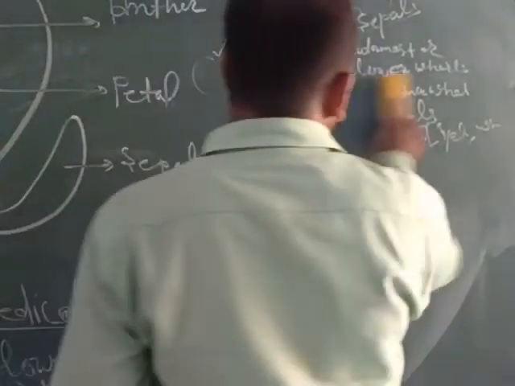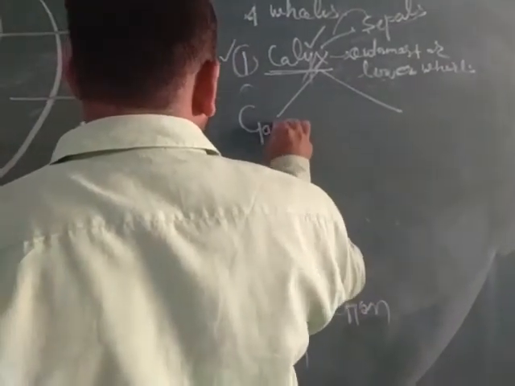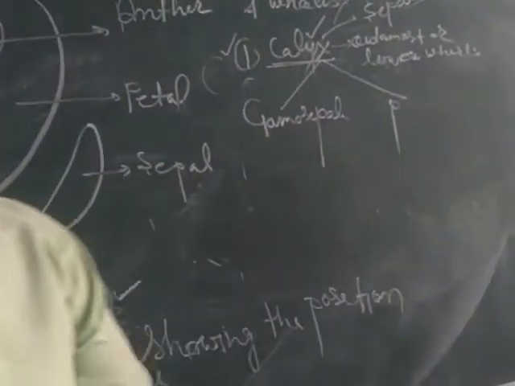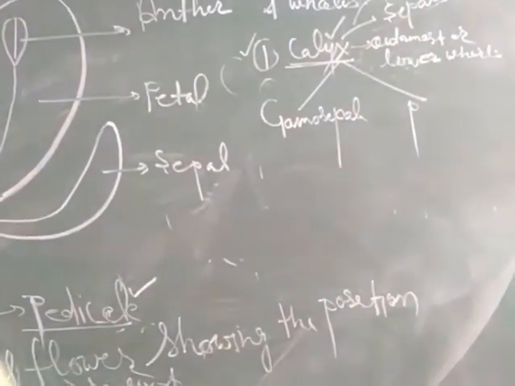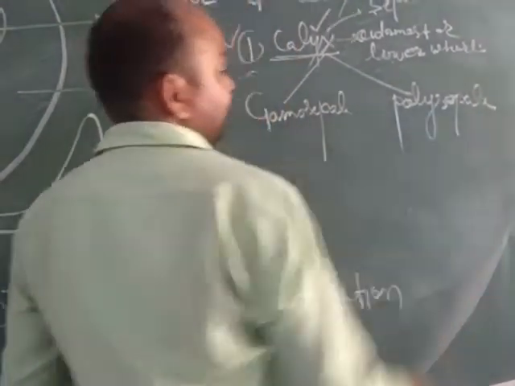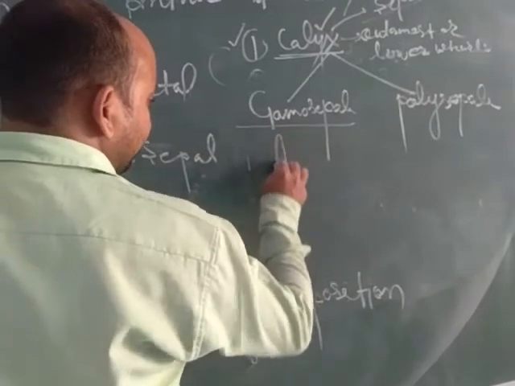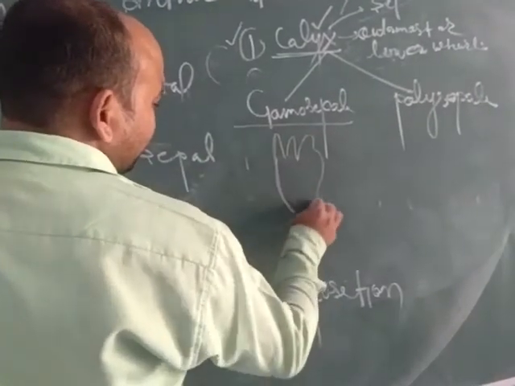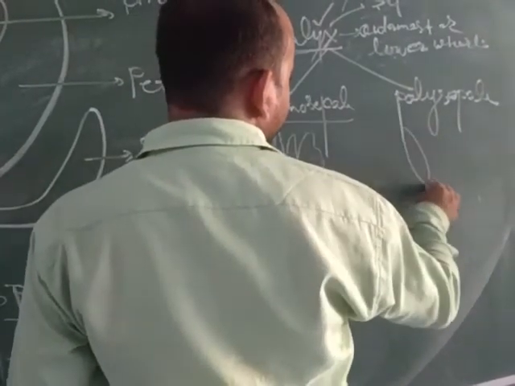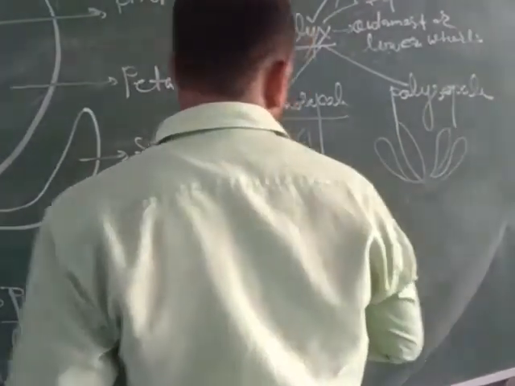One main point again in calyx: it is gamosepalous or polysepalous. In the gamosepalous condition sepals are attached from the lower part, but in the polysepalous condition sepals are not attached, they are free from each other.